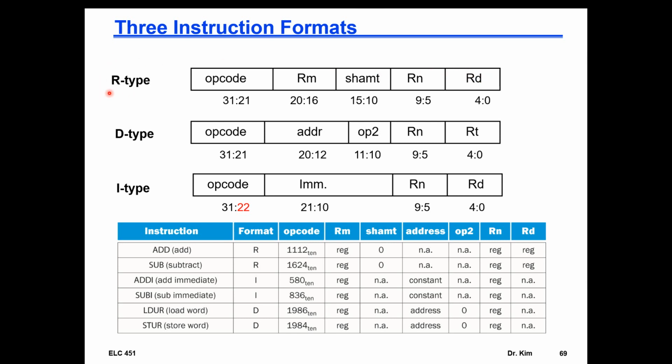You have seen that. The other one that you have seen is the I-type, the immediate type, where we have an opcode, an immediate field, a destination or source register, and the other register, which in the load and store would be the base register that we mentioned.